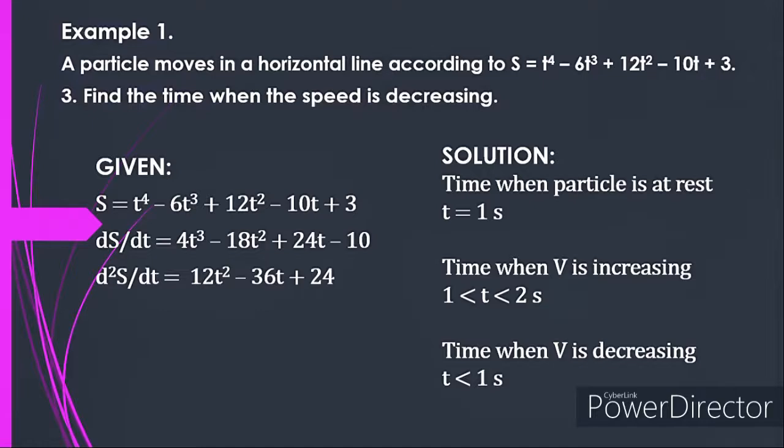So, ibig sabihin, kung within 1 second, tumigil yung sasakyan, before 1 second na yun, nagkaroon na siya ng deceleration. Tama? So, bumagal siya hanggang pagdating ng 1 second, bigla siya, stop. Total stop siya. So, sa time ng less than 1 second, meron pa siyang movement na pabagal or nag-decrease yung kanyang speed or yung kanyang velocity. Alright?